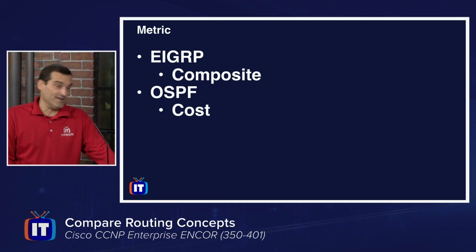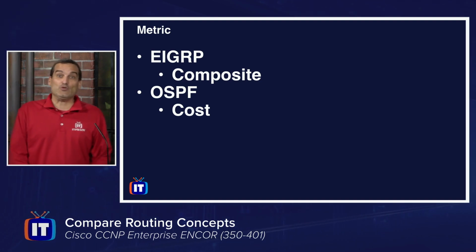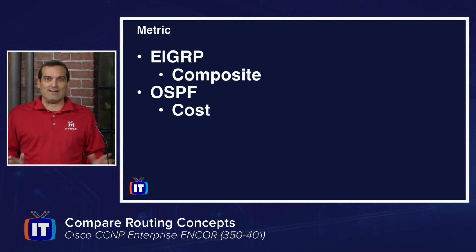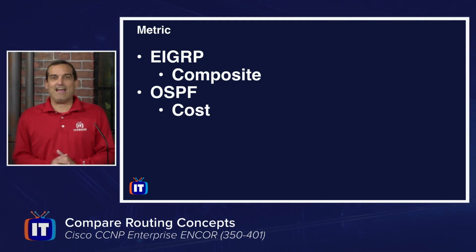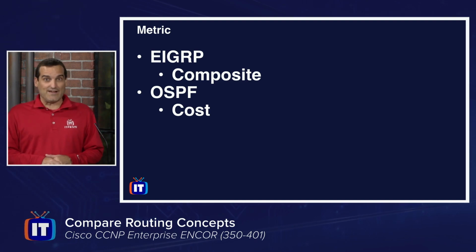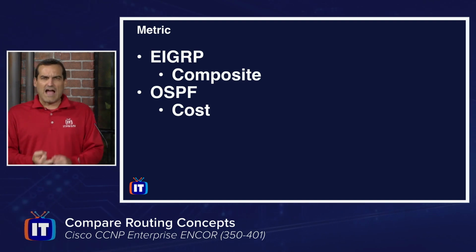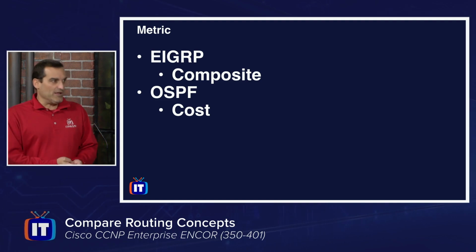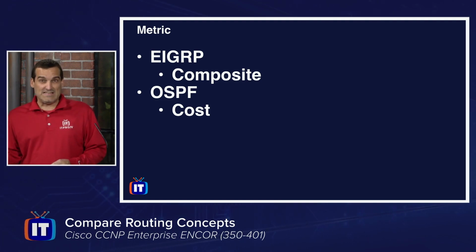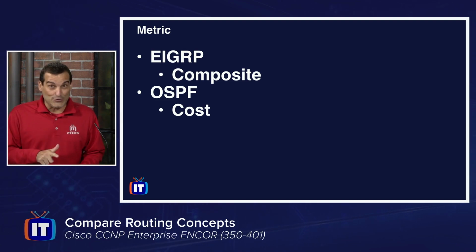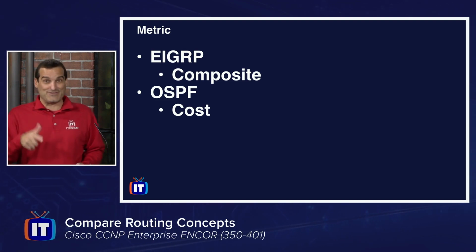It's the metric. EIGRP uses the craziest metric ever. It is some kooky stuff. We've got bandwidth, delay, reliability, load, and MTU. And MTU isn't really in the metric calculation.